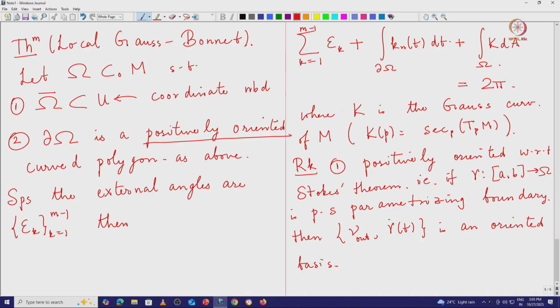Okay, so that is the orientation that you use when you prove Stokes's theorem. Eventually in the last step of the proof we are going to use Stokes's theorem, so we need the correct orientation.